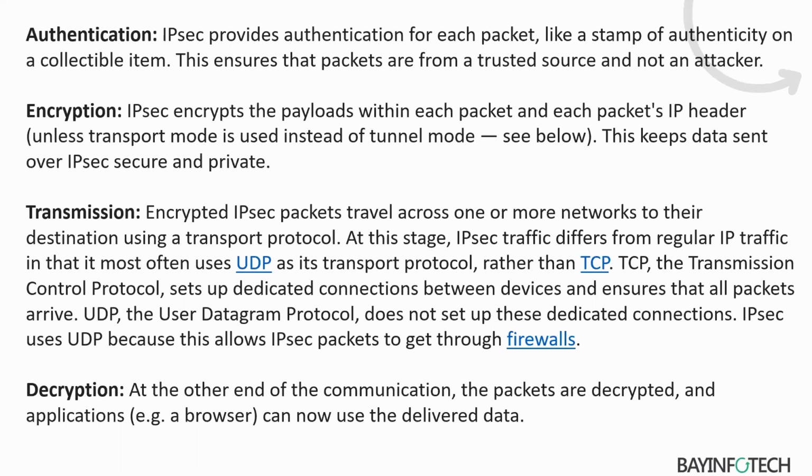Then you have authentication. IPsec provides authentication for each packet, like a stamp of authenticity on a collectible item. This ensures that packets are from a trusted source and not an attacker.